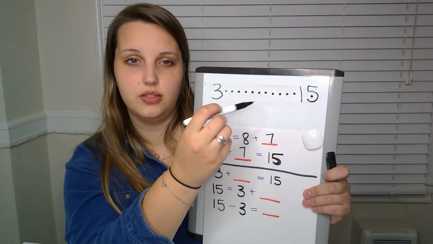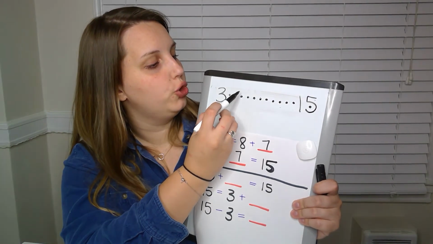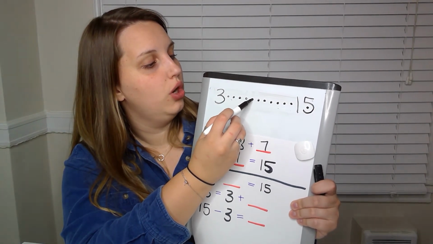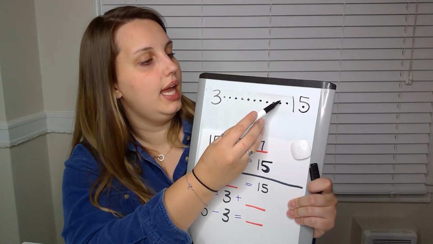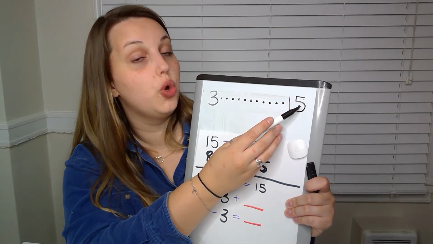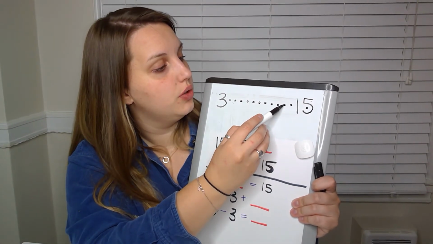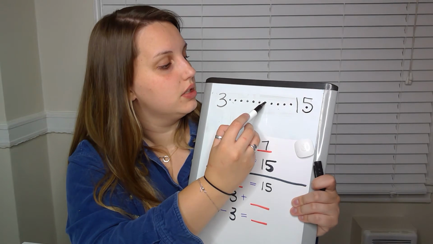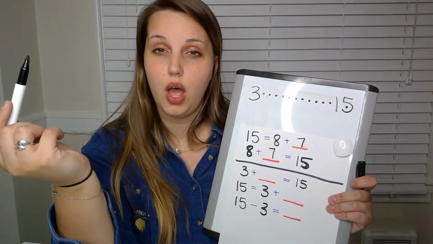We have our dots. Now let's count how many dots we made. 1, 2, 3, 4, 5, 6, 7, 8, 9, 10, 11, 12. Double check going back. 12.